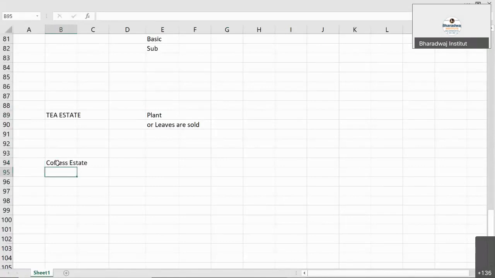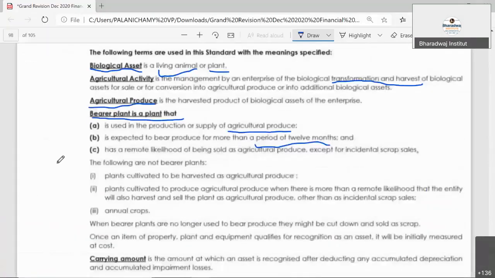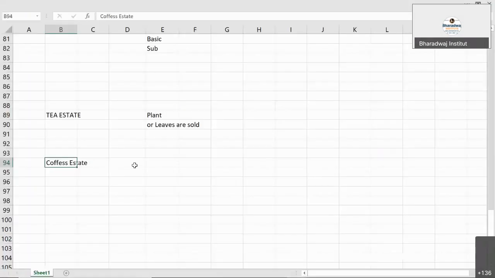Simple. A bearer plant is one which bears agricultural produce. In a coffee estate, the coffee tree is not going to be cut and sold. Only the bean is going to be taken and sold. In the case of rubber estates, are you going to sell the tree or the latex? The tree is not going to be sold.